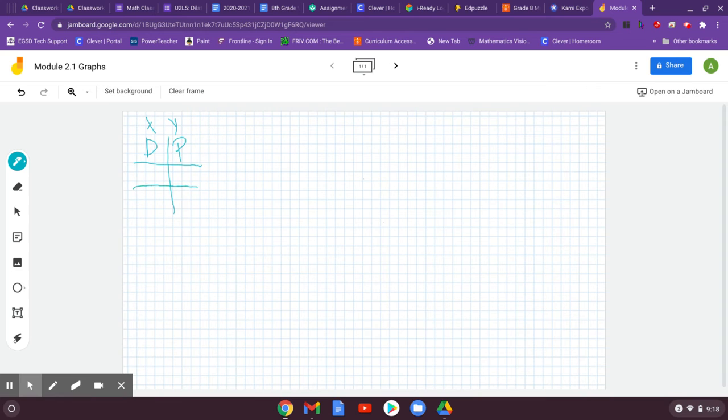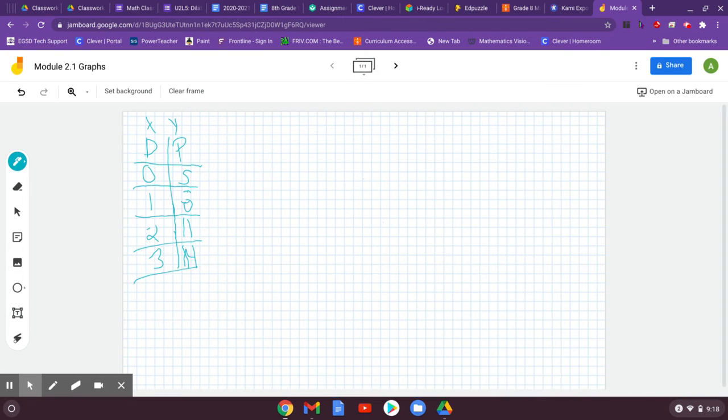I usually want to make a point to do those, x on the left, y on the right, or x at the top, y at the bottom. Day 0 is 5, day 1 was 8, day 2 was 11, and let's go one more. Day 3 was plus 3, 14.